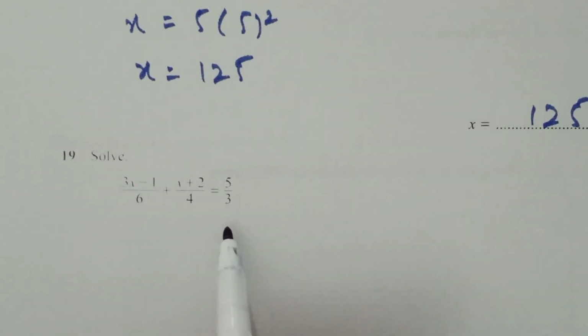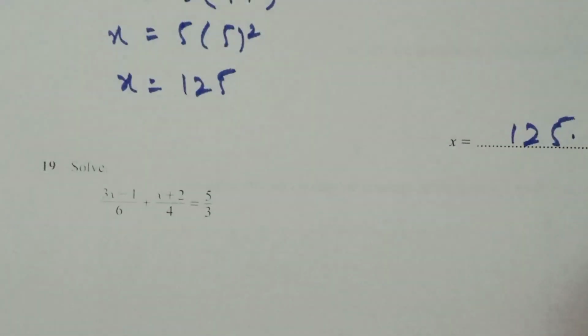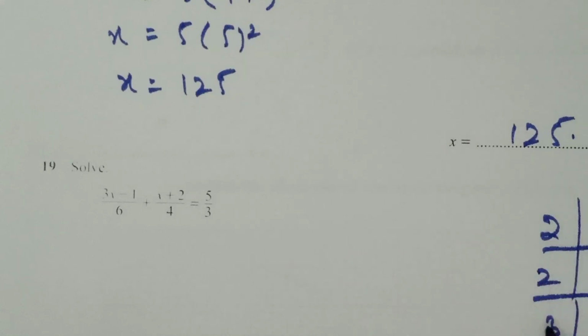First we have to make the denominators the same, and we have to take the LCM of them. 2, 3, 4 and 3, then again 2, 1, 3, 3 and 2, 1, 1 and 1. The LCM is 12. We have to make the denominator 12.